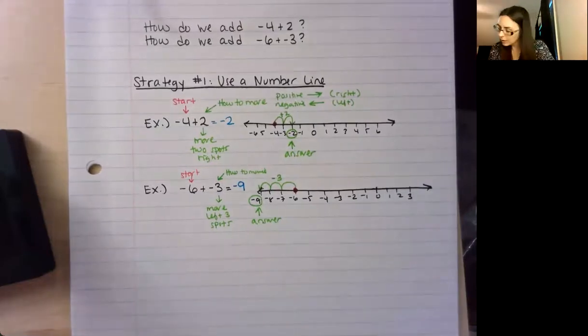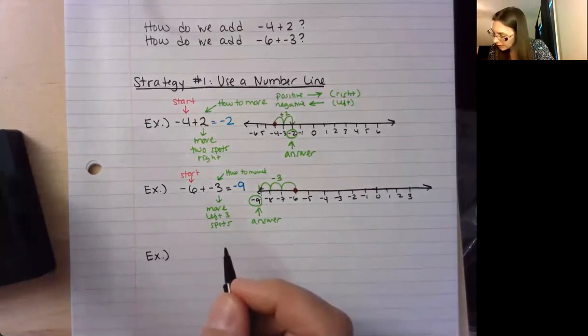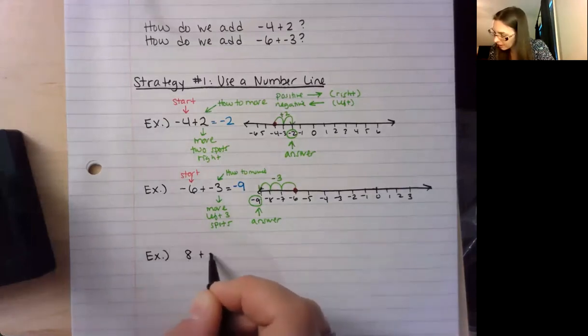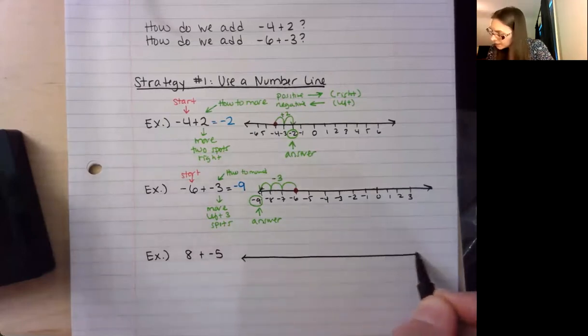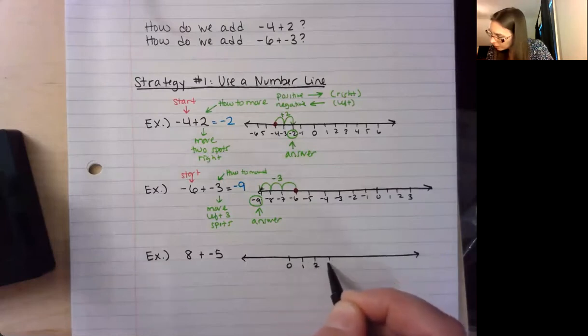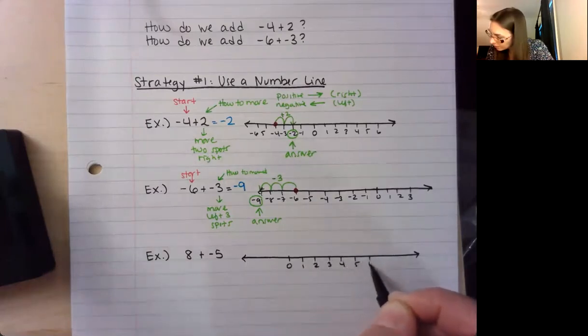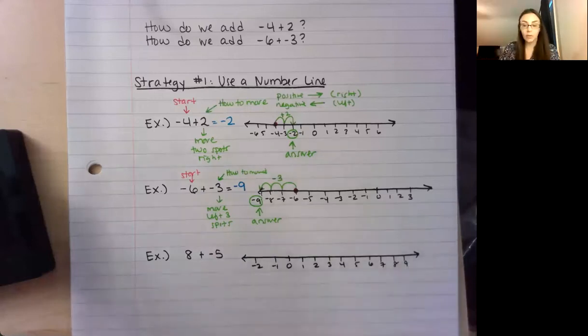So let me try one more example with you guys. How about we do 8 plus -5? Now this is a great time to pause the video and just give it a try on your own. So see if you can do it first.